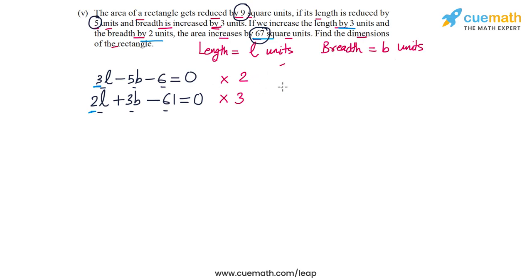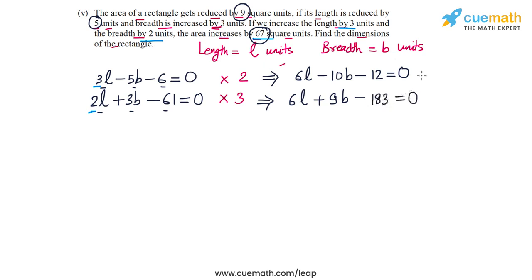So what do we get? The first equation modifies to 6L minus 10B minus 12 equal to 0, and the second equation modifies to 6L plus 9B minus 183 equal to 0. So let's call this first equation 1 and the second equation 2.